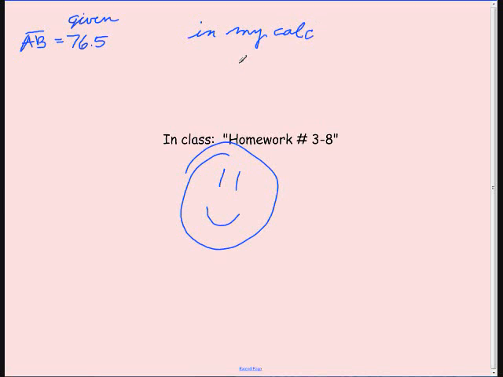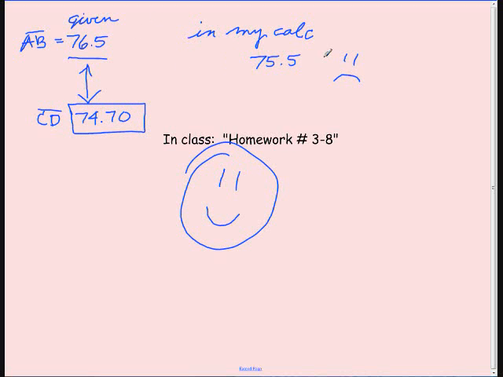I used 75.5. Oops. Oh dear. So you probably did it correctly, right? If you use the right value, you get the answer for the length CD. You get an answer of 74.70 when you round it. So that's what you get if you don't make my mistake.